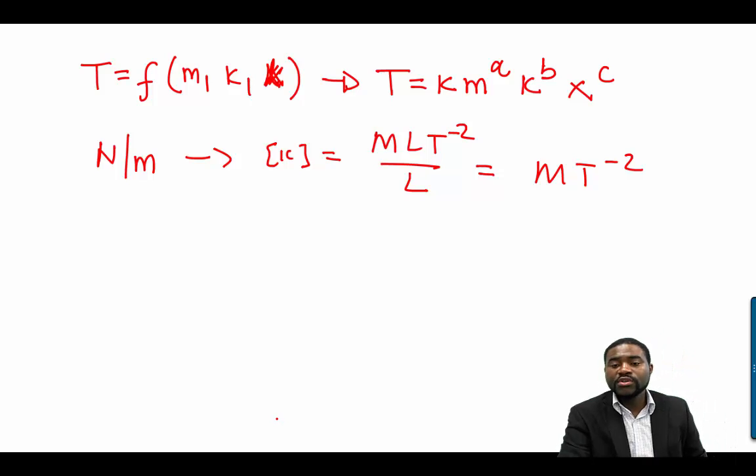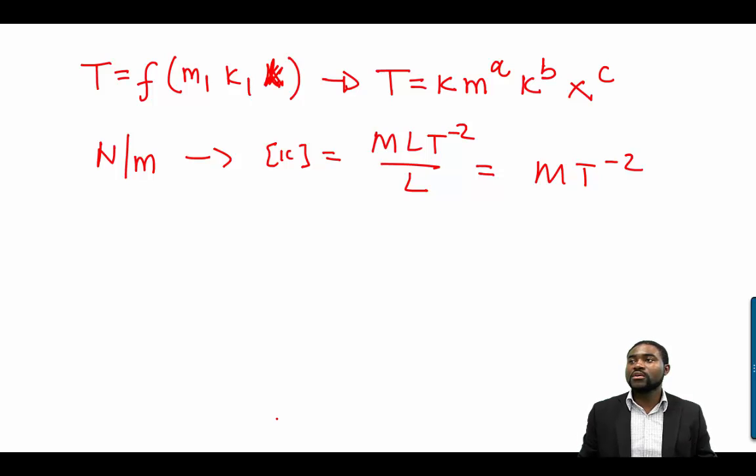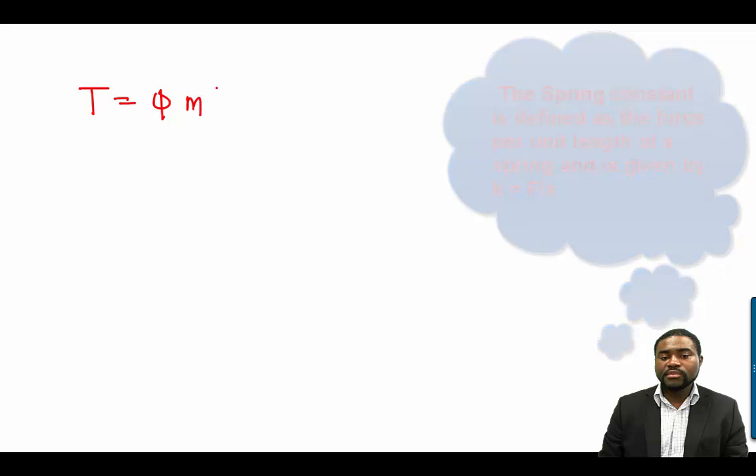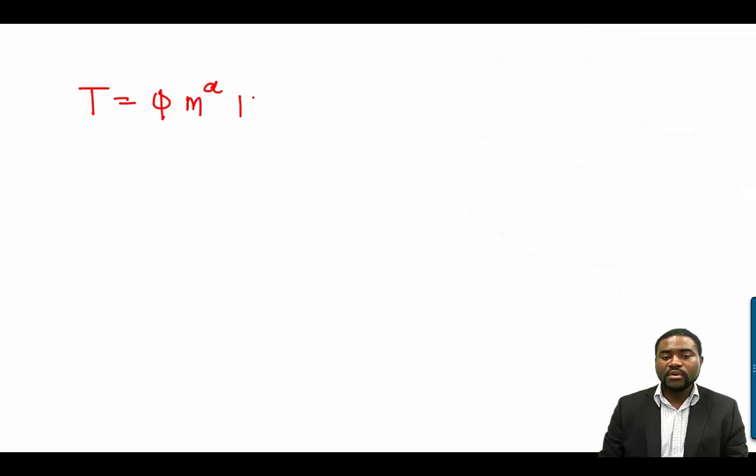The first is a constant. You could use any constant. I just love k. I don't know why. I've been using it for a while. All right, we have T, a constant, m raised to the power a, k raised to the power b, x raised to the power c.